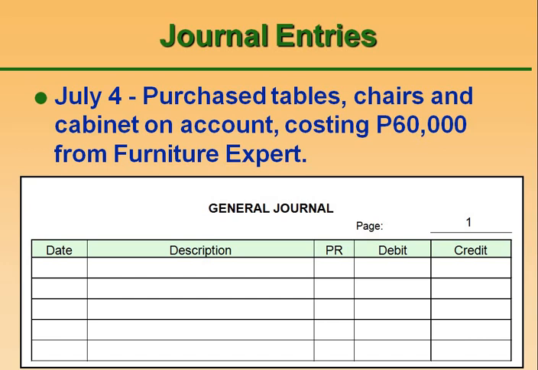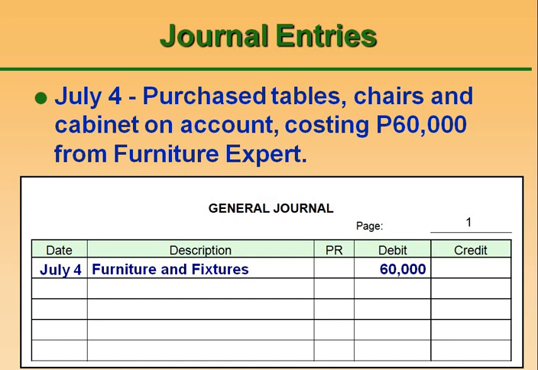Debit, because these items are assets, and assets have a normal balance of debit. But what is the most appropriate account name to use for tables, chairs, and cabinet from the given list in a previous slide? Furniture and fixtures. So, debit furniture and fixtures for 60,000 pesos.